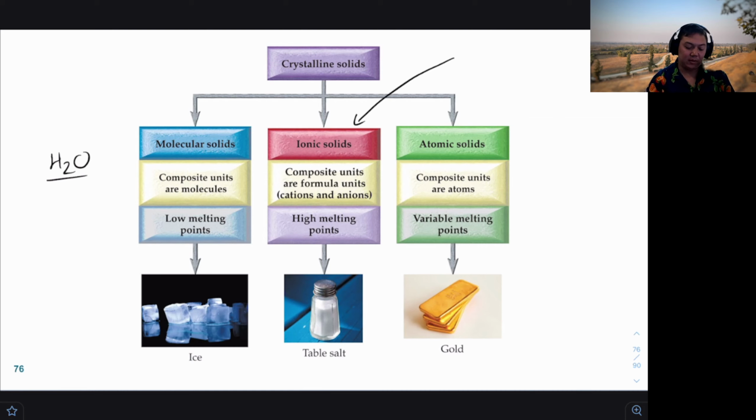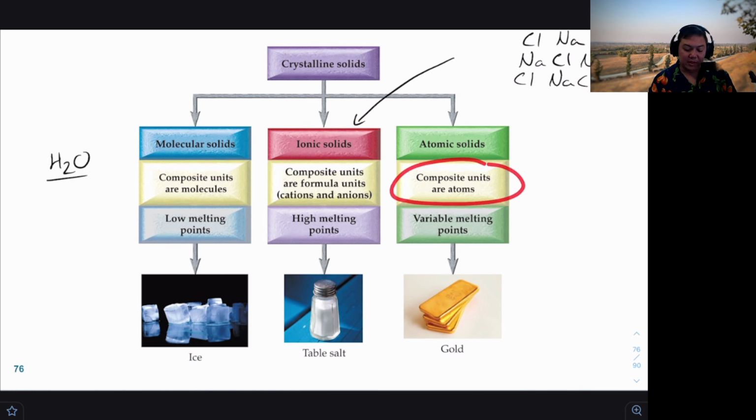So you would have 1 million chlorines and 1 million sodiums in a crystal of sodium chloride. But there's nothing differentiating any of those individual formula units. We just break it down to the simplest ratio.